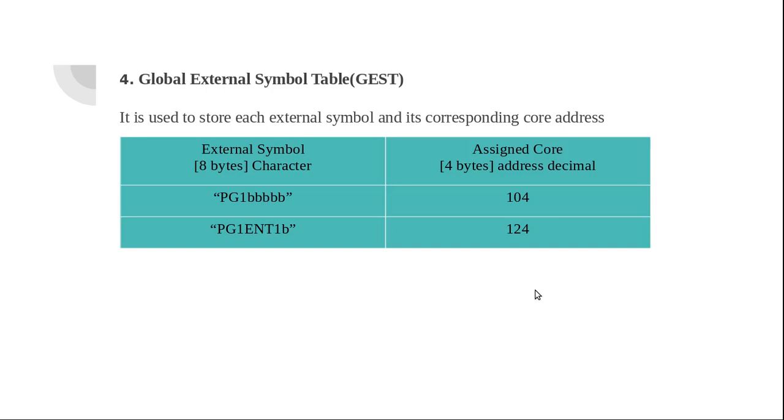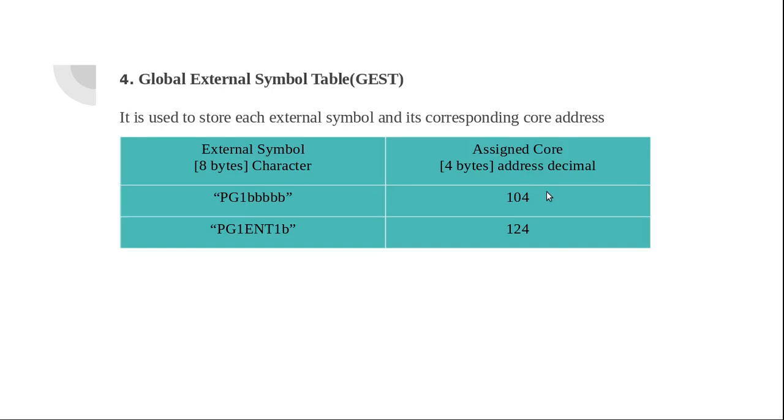Now we are moving on to the global external symbol table database. It is used to store each external symbol and its corresponding core address. So it will contain two columns. The first column gives the name of the external symbol, and we reserve 8 character space for that.